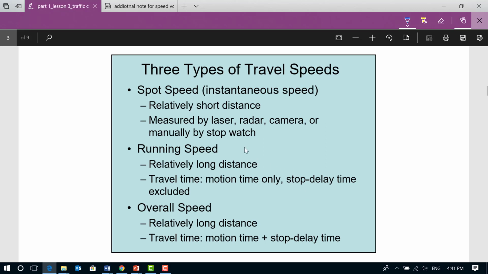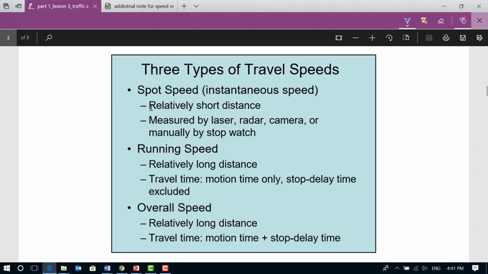In our transportation engineering field, we have three types of travel speed: spot speed, running speed, and overall speed. Let's pause right here and see the difference between the three types of speed.